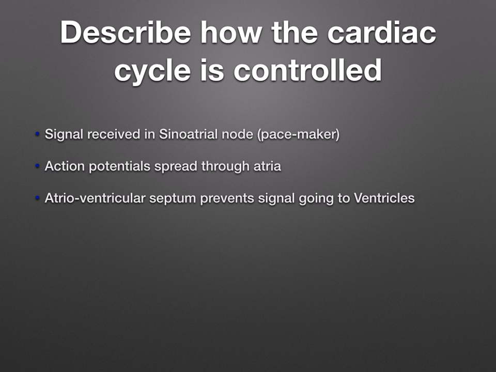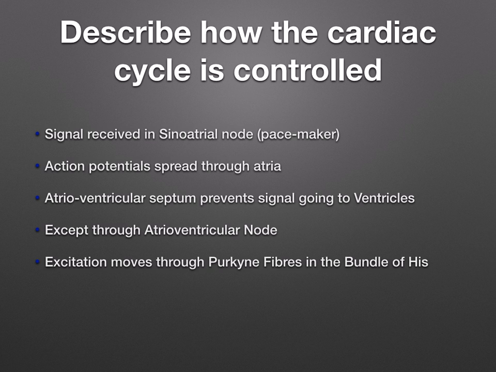The atrioventricular septum prevents the signal going to the ventricles, except through the atrioventricular node, AVN. Excitation moves through the Purkyne fibers in the bundle of His, and this initiates the contraction from the base of the ventricles upwards.